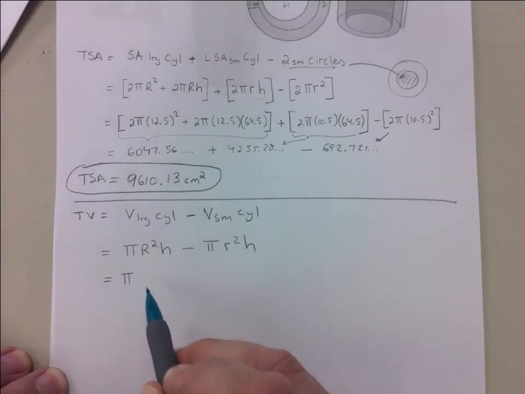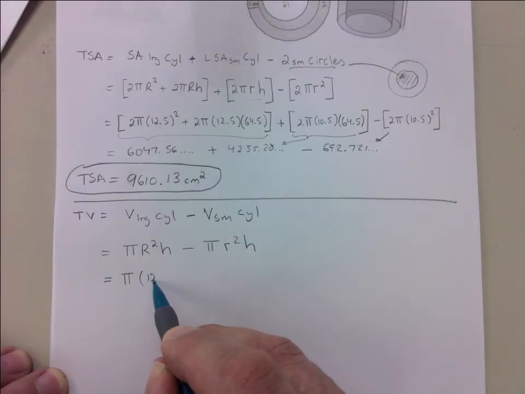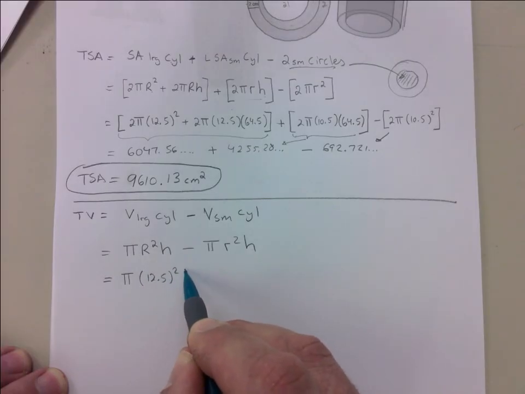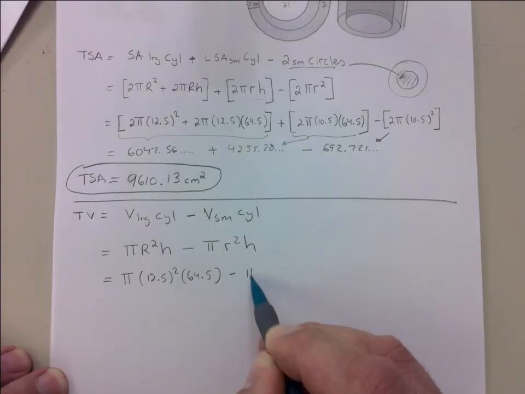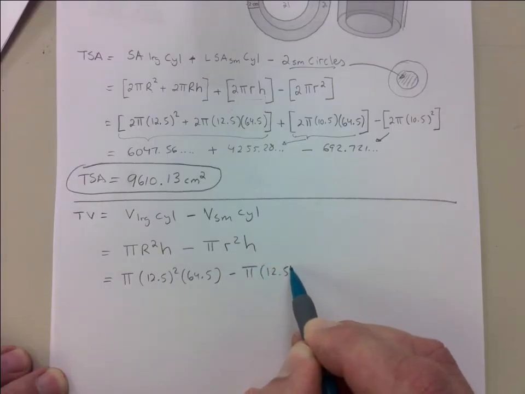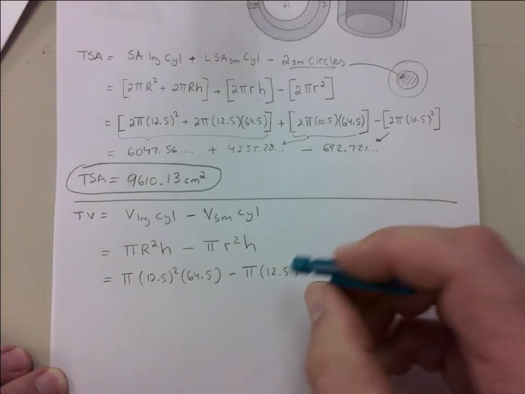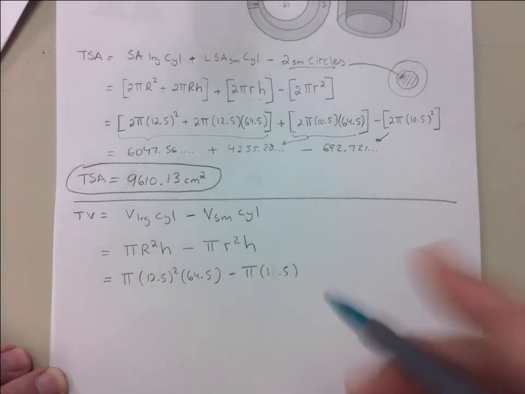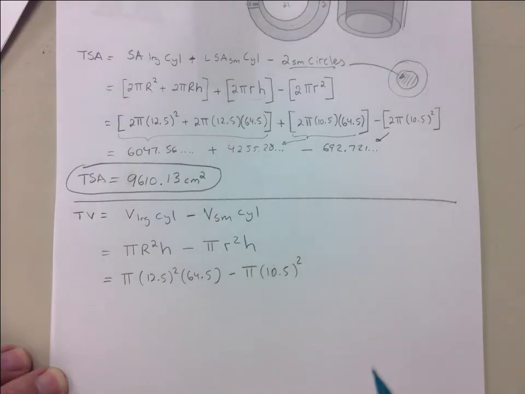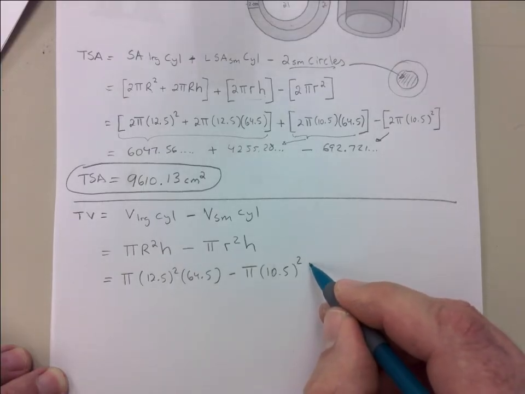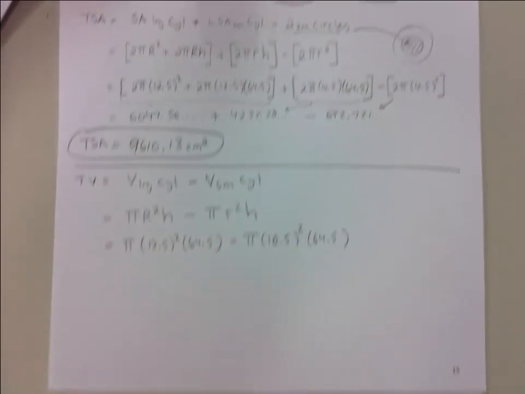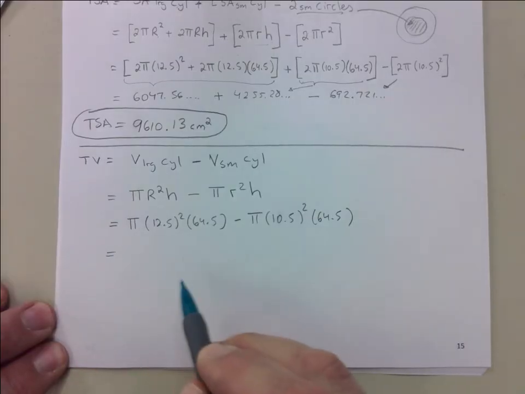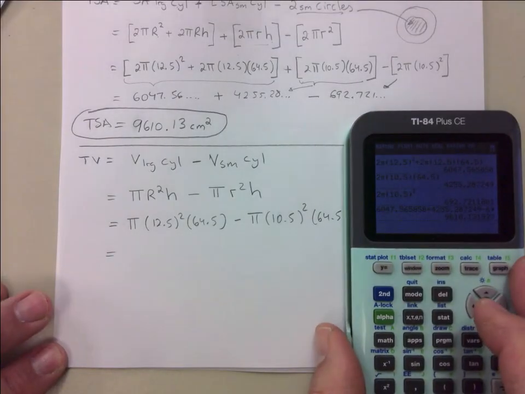We already know what our radii is. So this would be 12.5 squared times 64.5 minus, oh, sorry, this is not 12.5. This is the small radius, which is 10.5 times 64.5. And then just plug in and go.